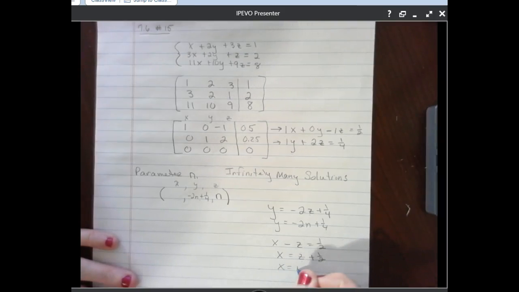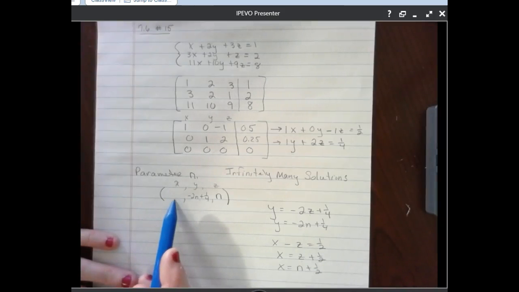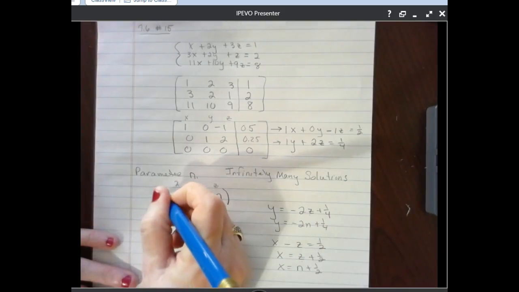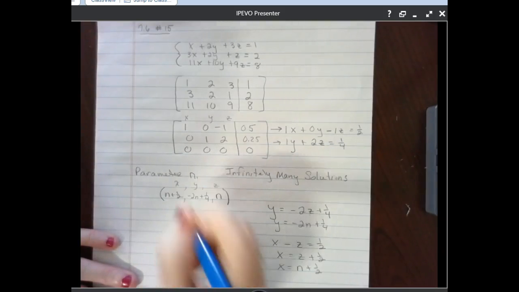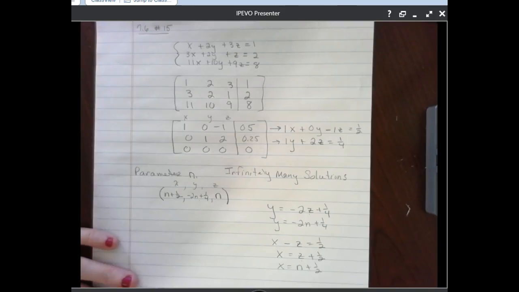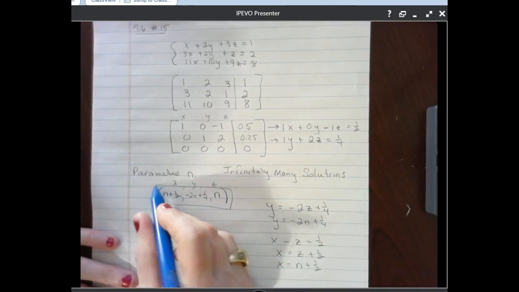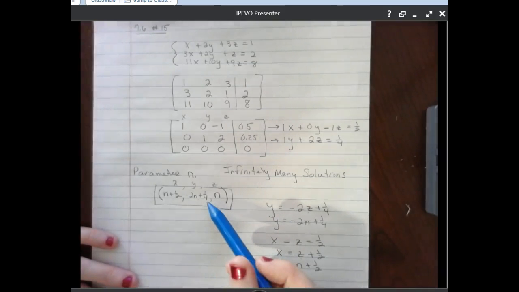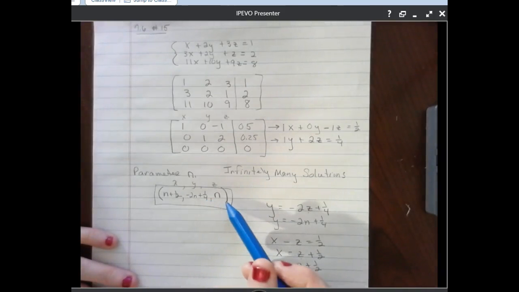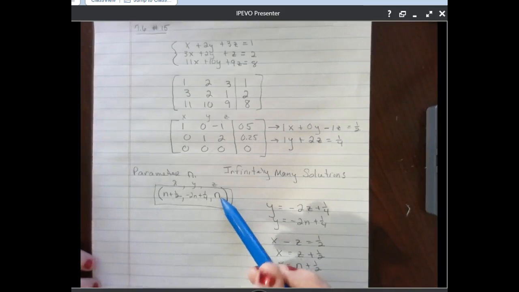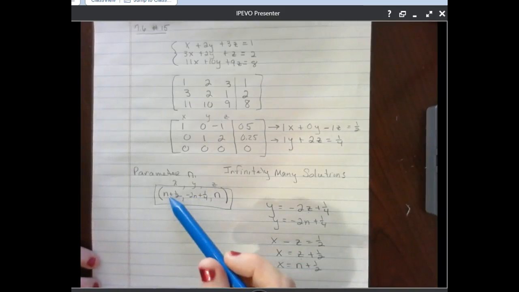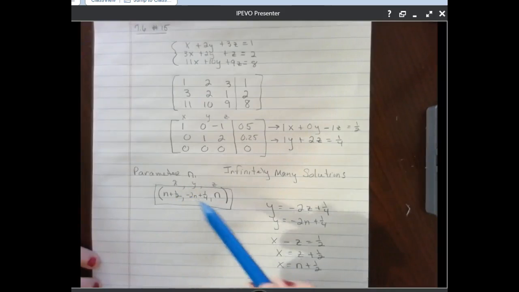So x equals n plus 1/2. In my x position here, I'm going to put n plus 1/2. So my final answer in terms of n is n plus 1/2, negative 2n plus 1/4, and n. So I can pick any n, whatever it may be, and substitute it into my x and y and get an x, y, and z.